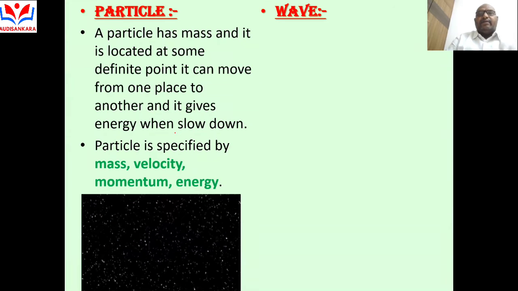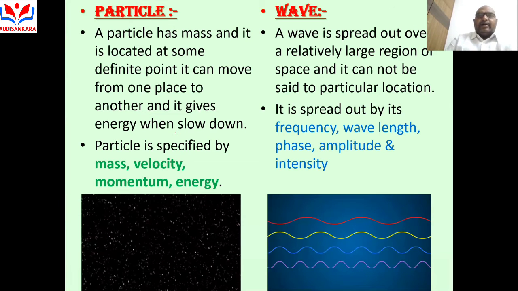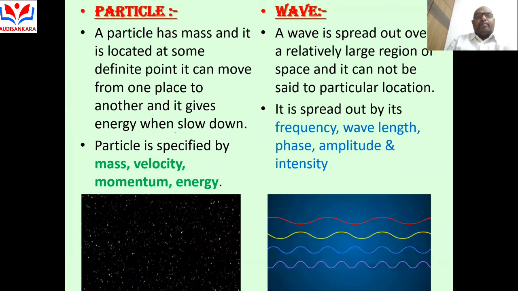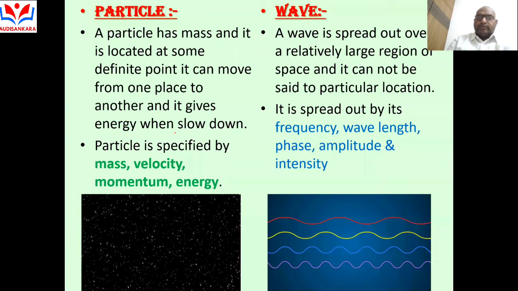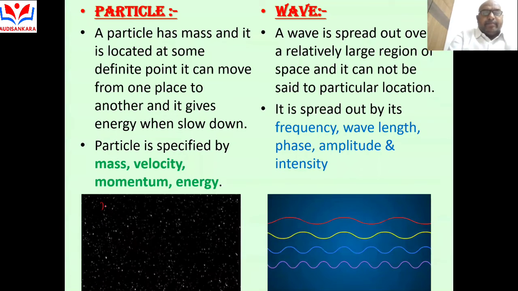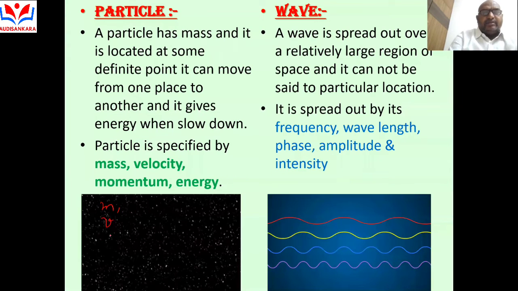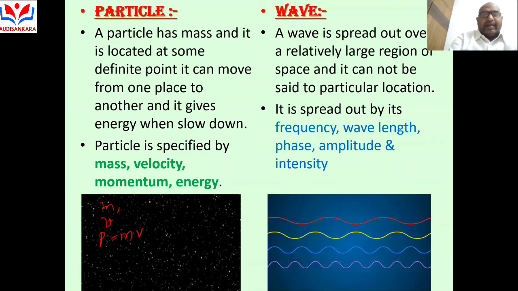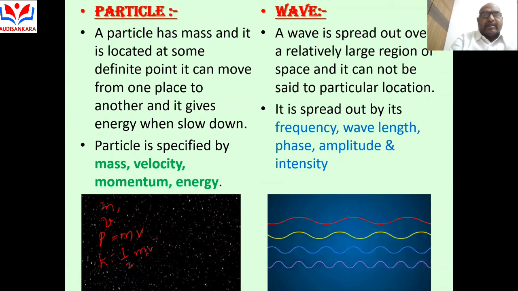Difference between wave and particle duality. The particle has a mass, and it is located at some definite point. It can move from one place to another place. It gives energy when slowed down. The characteristics of a particle are mass m, velocity v, momentum p equal to the product of mass and velocity, and energy equal to half mv square, the kinetic energy.